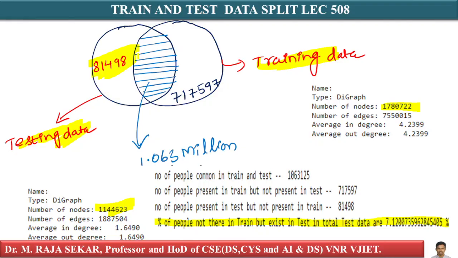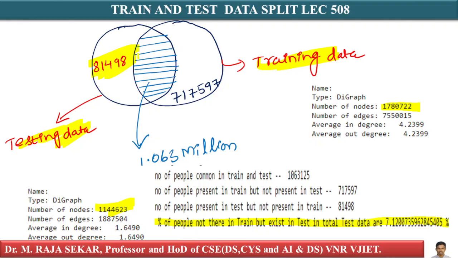Cold start is basically when I don't have any data, as we have seen in recommender systems. When you don't have any data for some users. Similarly here, for these 81,498 vertices we don't have any information in the training data to be able to predict a value for them.